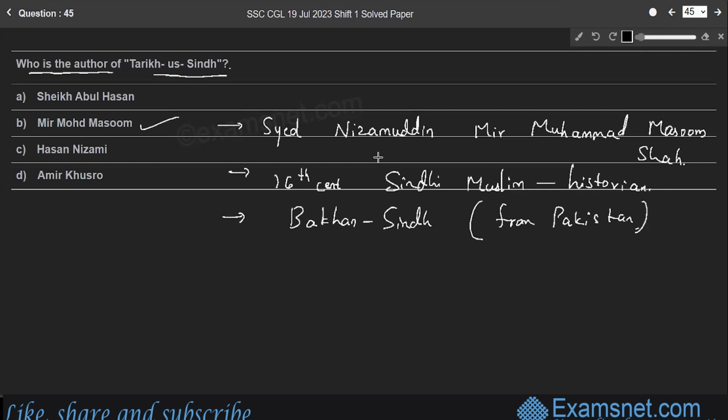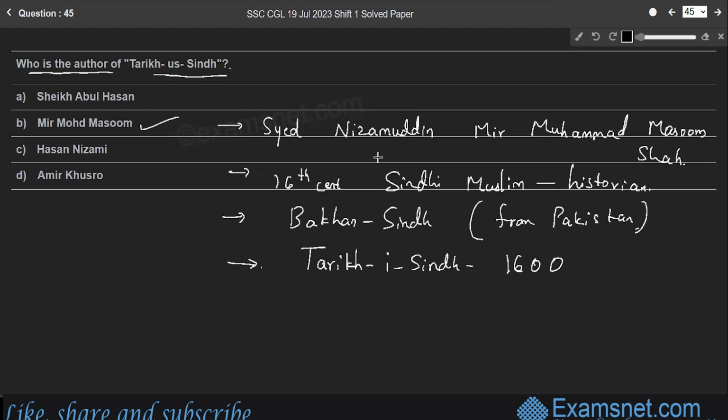He is known for writing a history of Sindh, Tariq-i-Sindh, also known as Tariq-i-Masumi, after the author. It was published in the 16th century, around 1600.